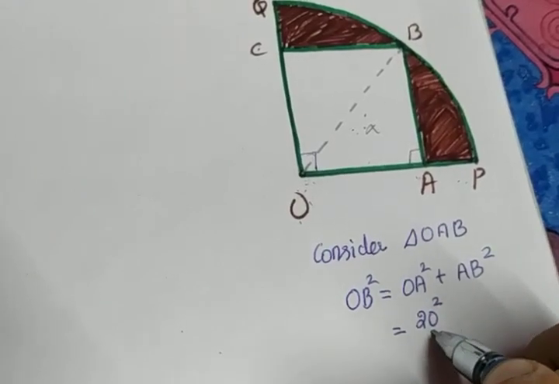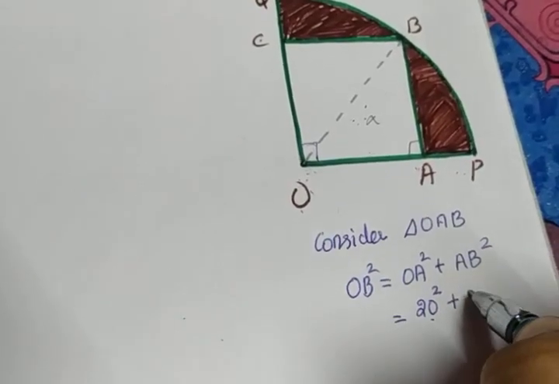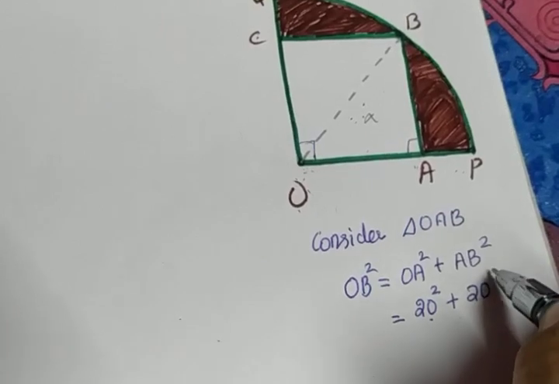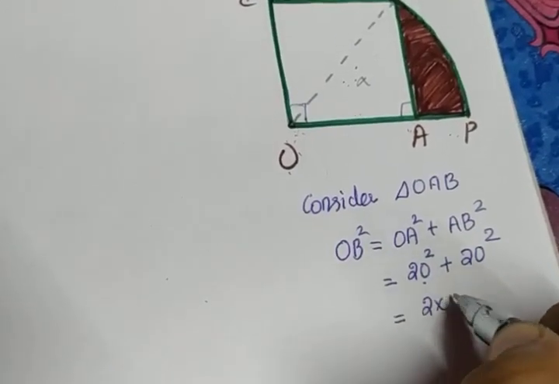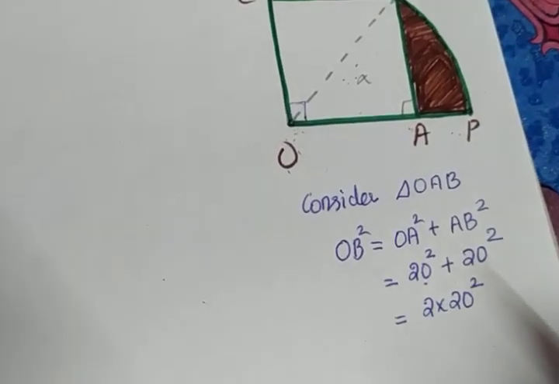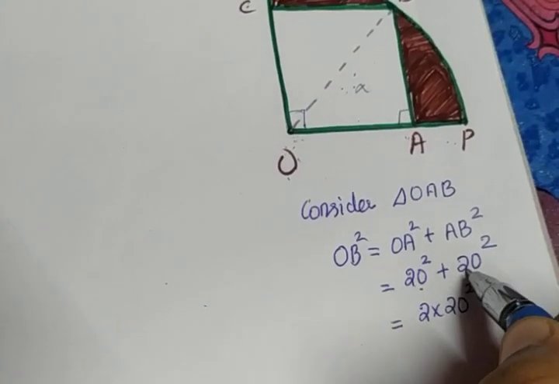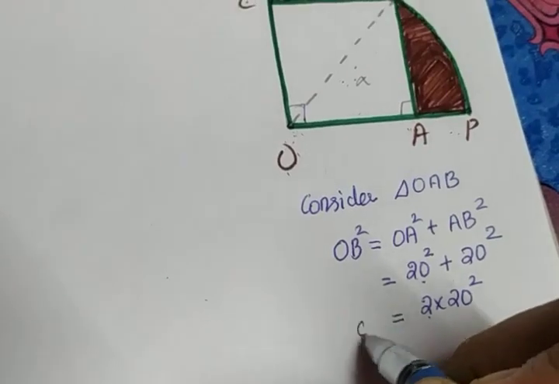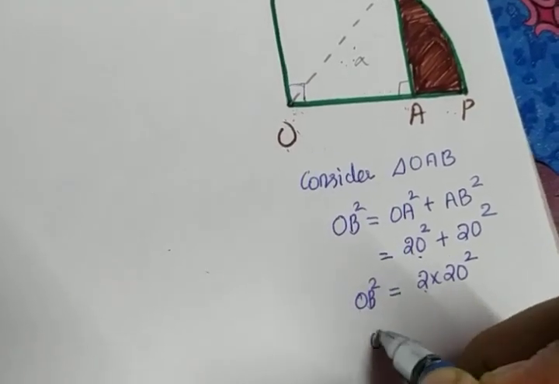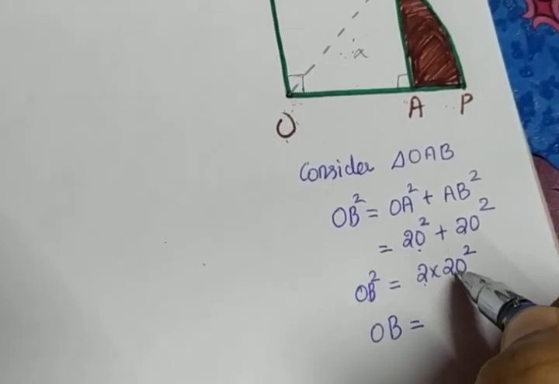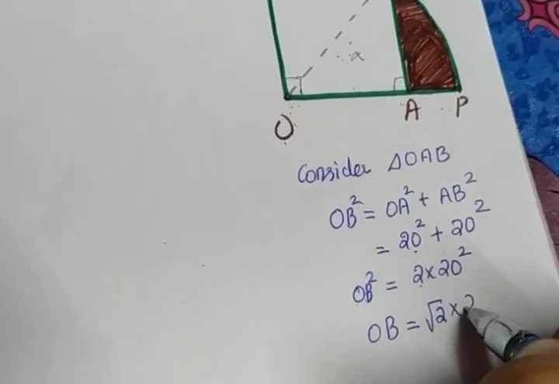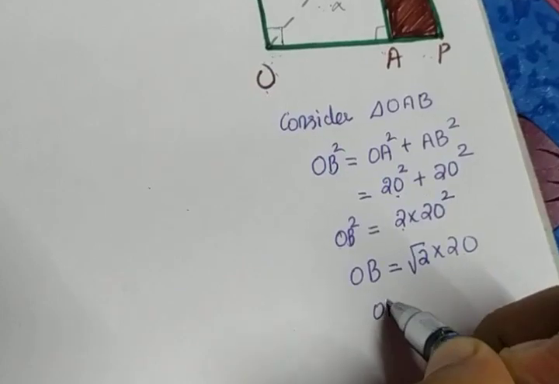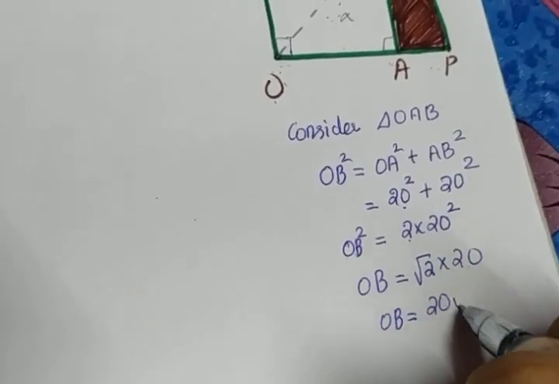Because OA is the side of the square, which is given as 20, plus AB is also another side of the square, which is also 20. 20 square plus 20 square, that is 2 into 20 square, isn't it? x plus x gives you 2x. So 20 square plus 20 square gives you 2 into 20 square, that is OB square. We require only OB. We have to take the square root. Square root of 2 is root 2 and square root of 20 square is 20. So we are getting the radius as 20 root 2.